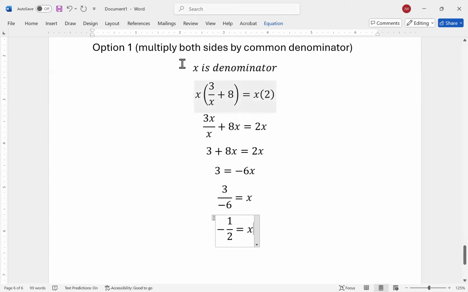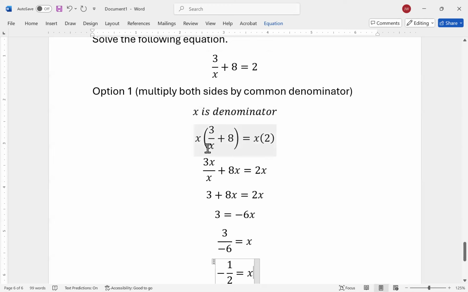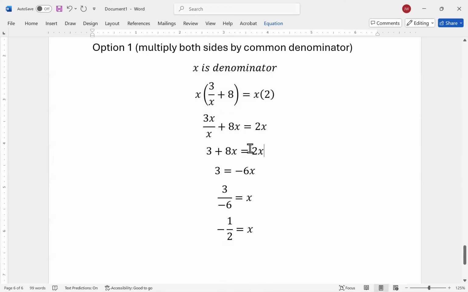So multiplying both sides by a common denominator is always a trick that will work. That'll get rid of my denominators. And then I end up with an equation like this one, like 3 plus 8x equals 2x, that I can solve for x. By the way, we always want to check our answers here because sometimes we get answers that don't make sense.